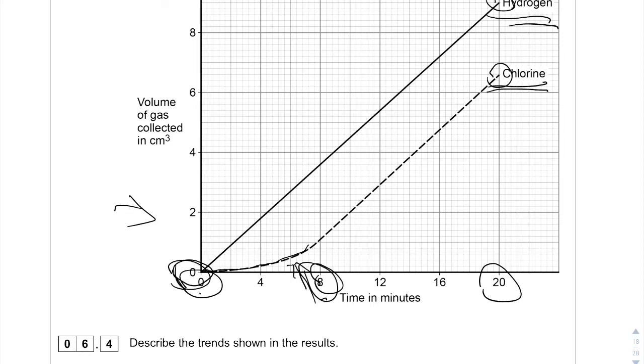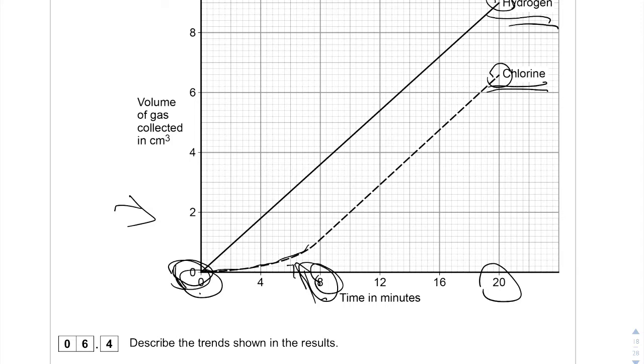Now we apply our knowledge of gas molecules. Hydrogen is not a halogen, but it is a dimer in gaseous form, so H2 as the gas. Chlorine as well, Cl2 as a gas, which means that in terms of number of moles, they should have the same number of moles, which means that they should have the same volume due to ideal gas laws.